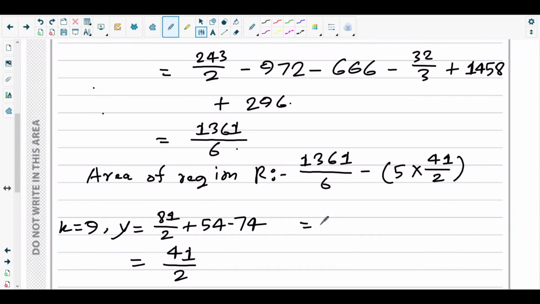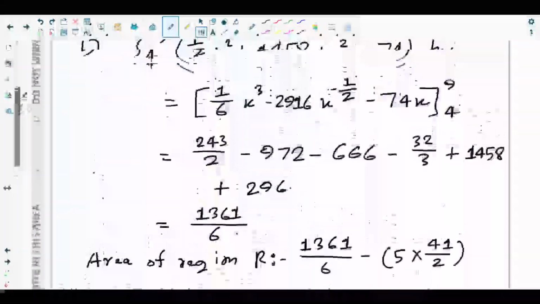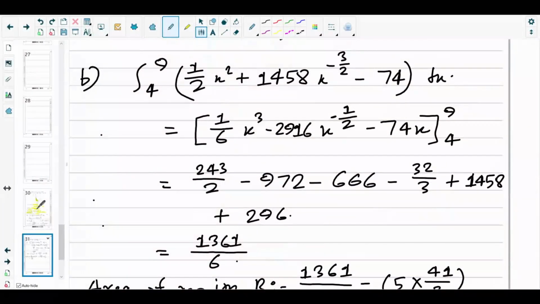So this is 373 over 3. This is the value for the area of region R, 373 over 3 units squared. That's the area that we found for region R.